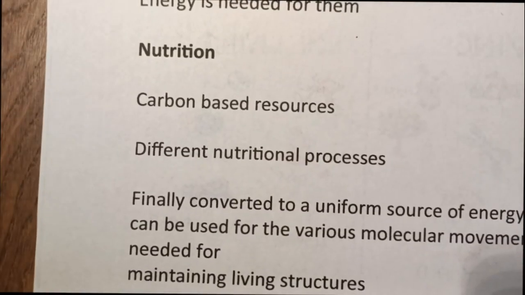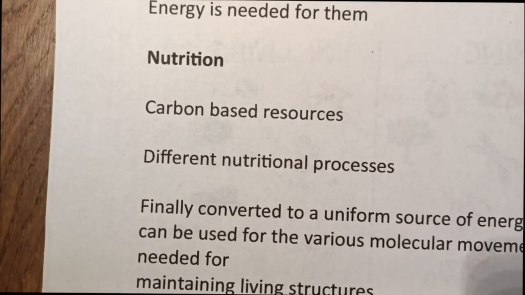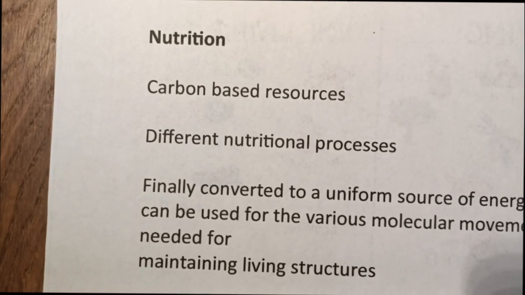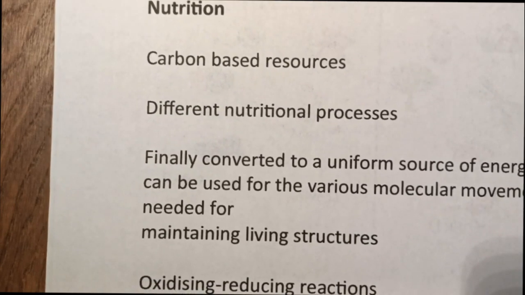The body of organisms involves breaking down of these different carbon resources into the energy and raw material that is required for building and repair and maintenance of the body function. And these involve different nutritional processes. The outside source of the energy is not always the same. It's varied, since the environment is not in our control.